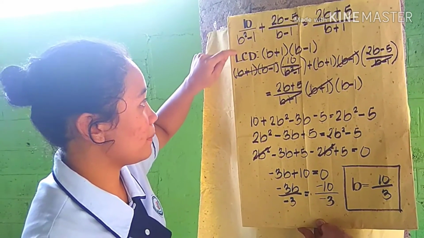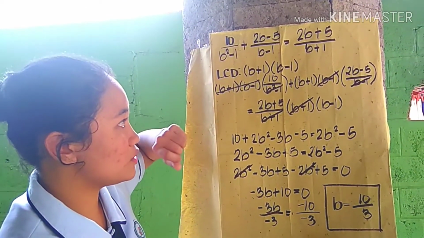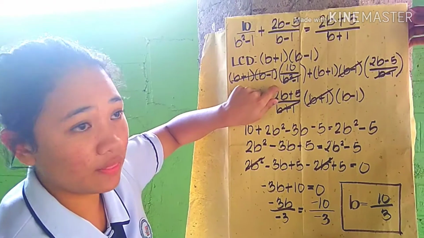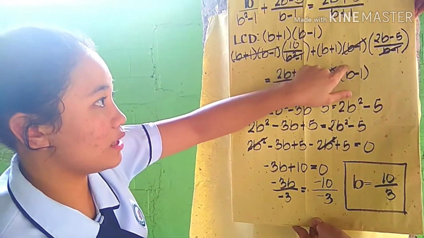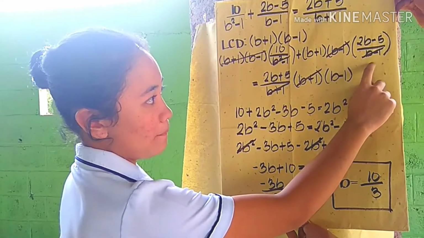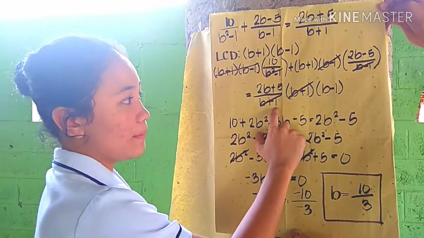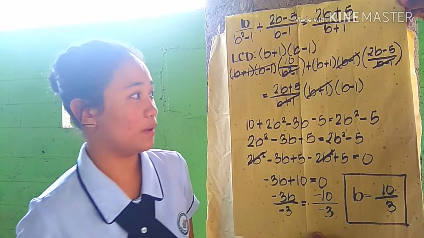So this will become b plus 1 multiplied by b minus 1 times 10 over b squared minus 1, plus b plus 1 multiplied by b minus 1 times 2b minus 5 over b minus 1, equals 2b plus 5 over b plus 1 times b plus 1 times b minus 1.